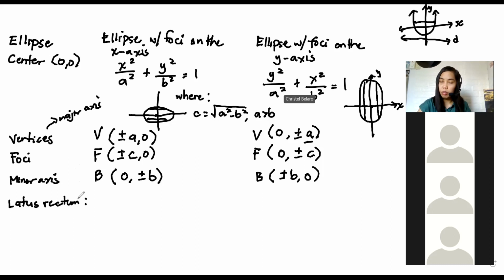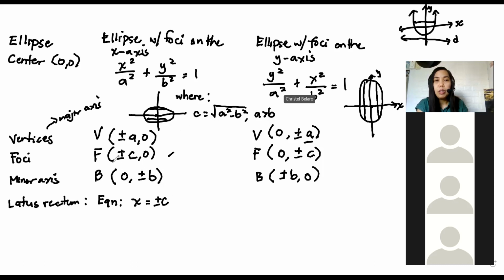How about the latus rectum under ellipse? So the equation for latus rectum, if the foci is on the x-axis, the equation is x equals positive, negative, c. Okay? Sinusundan niya ang foci sa latus rectum.